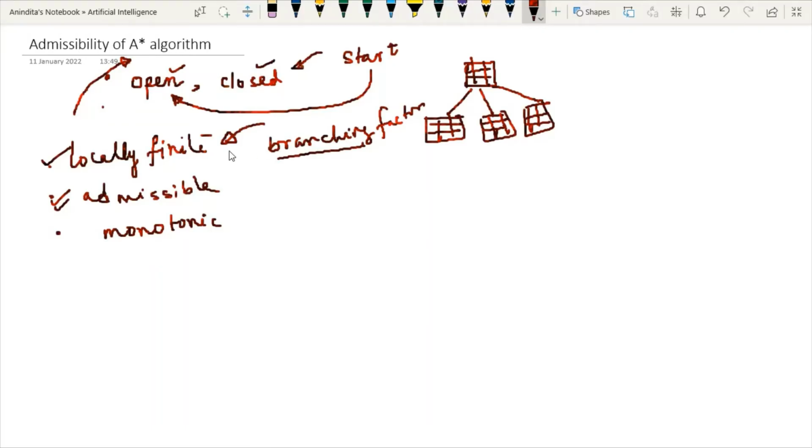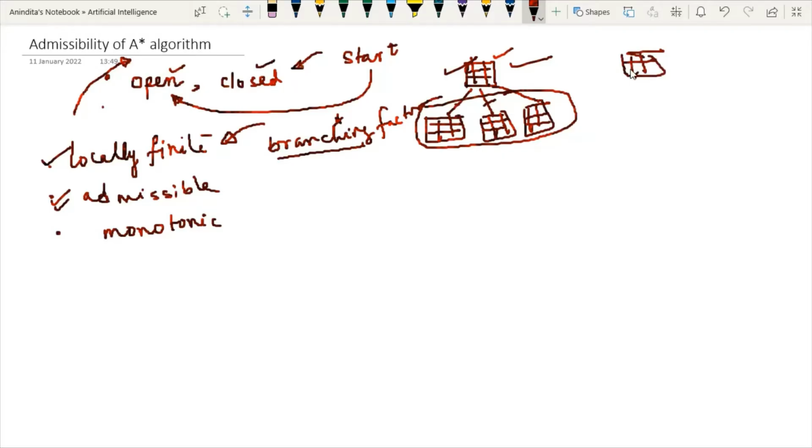So what does branching factor mean? The branching factor of a node refers to the number of new nodes that can be expanded from this node. In this case, the branching factor is 3. From this node, we have 3 branches, right? Now, a locally finite graph is one where none of the nodes on the graph has an infinite branching factor.